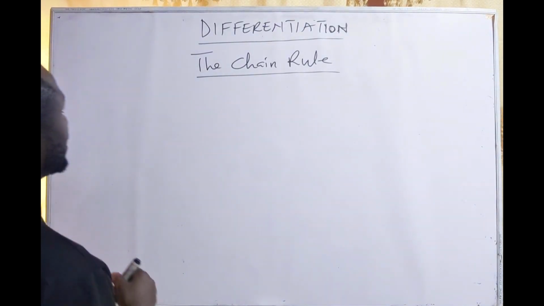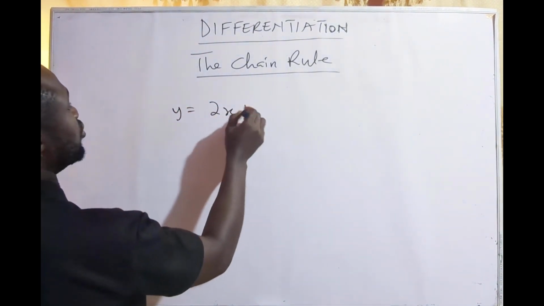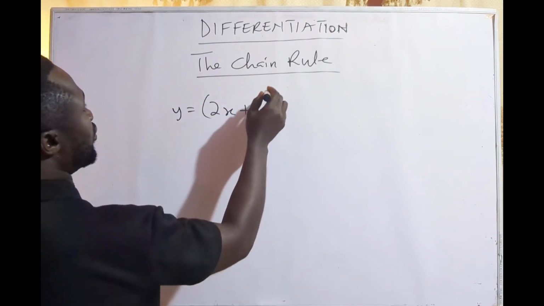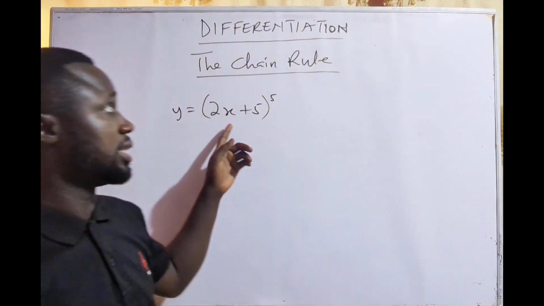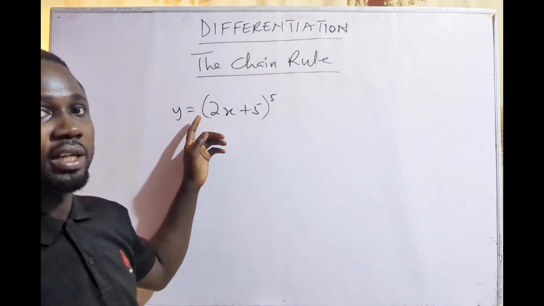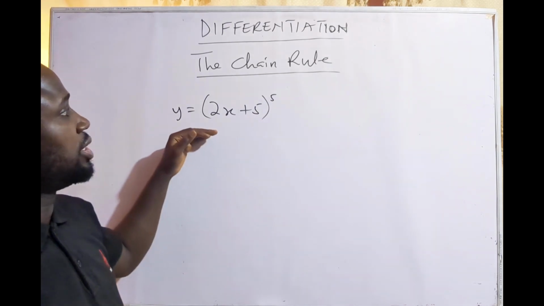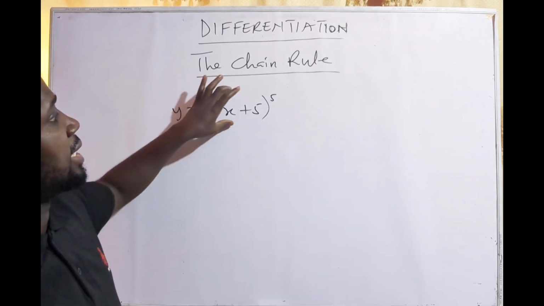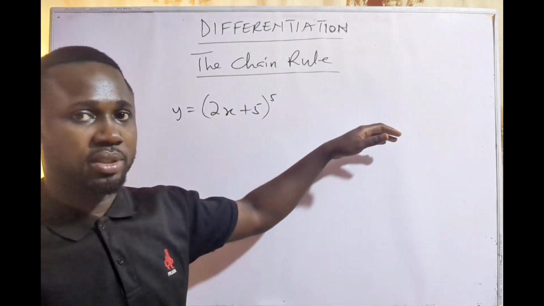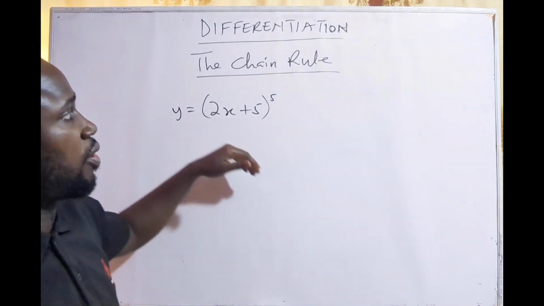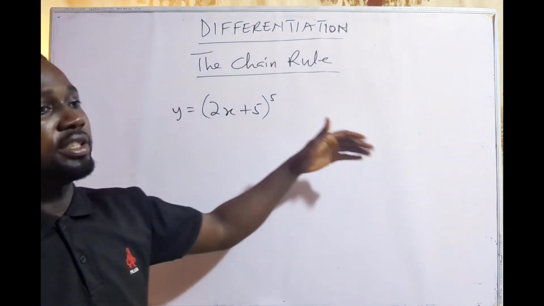For instance, if I have y equals (2x + 5) to the exponent of 5, and I'm supposed to differentiate this function, you see that it will be very tedious to expand it using the binomial expansion. You get a lot of terms, about 6 terms, before you differentiate one by one.